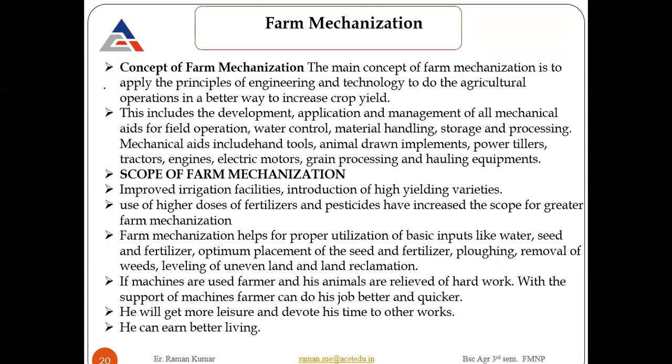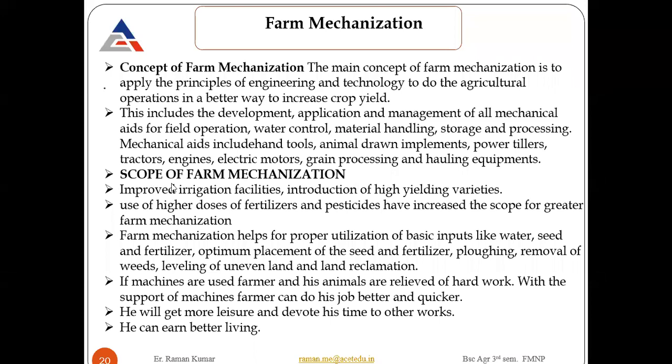Mechanical aids include tools, animal drawn implements, power tillers, tractors, engines, electrical motors, grain processing and hauling equipment. With proper use of all these machines to handle all types of operations, we can increase the crop yield.